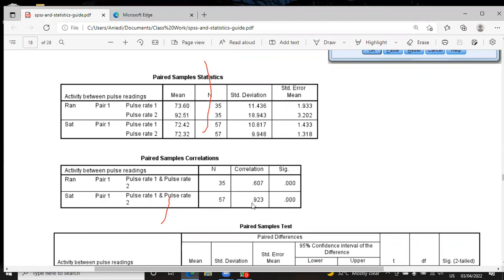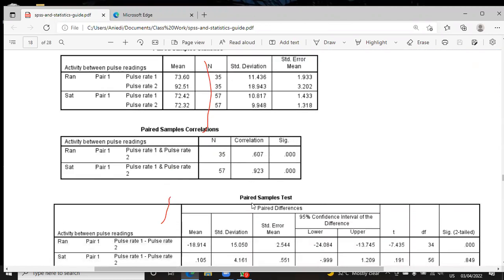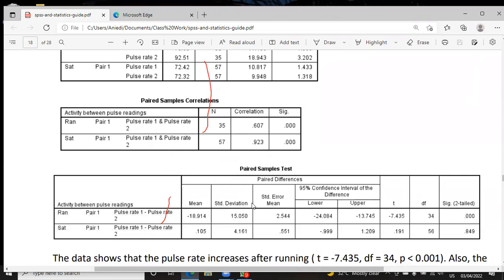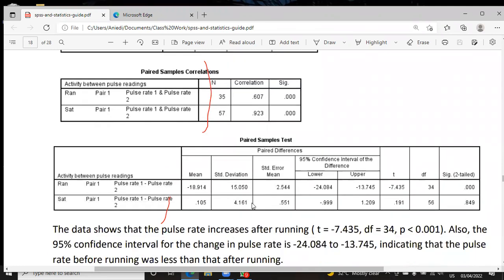So you can be sure that once somebody sits down for a long time, his pulse rate will drop. And once somebody runs, his pulse rate will go up.